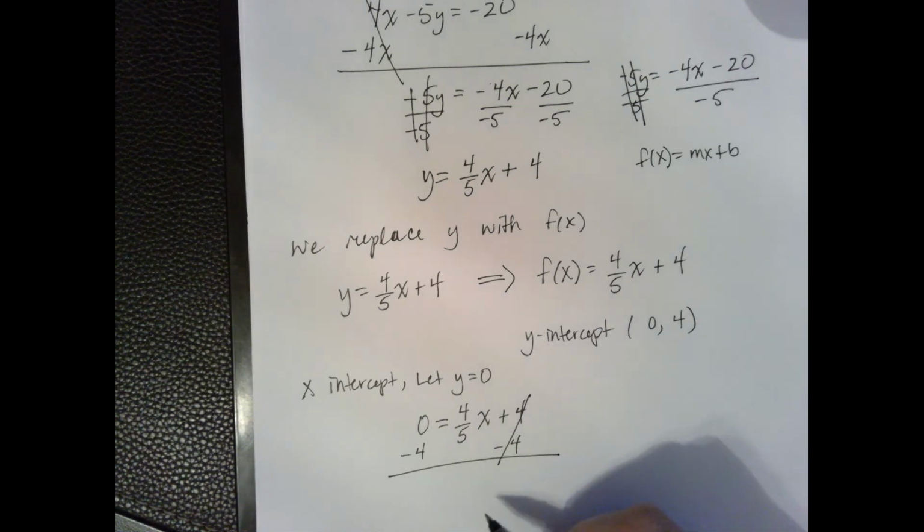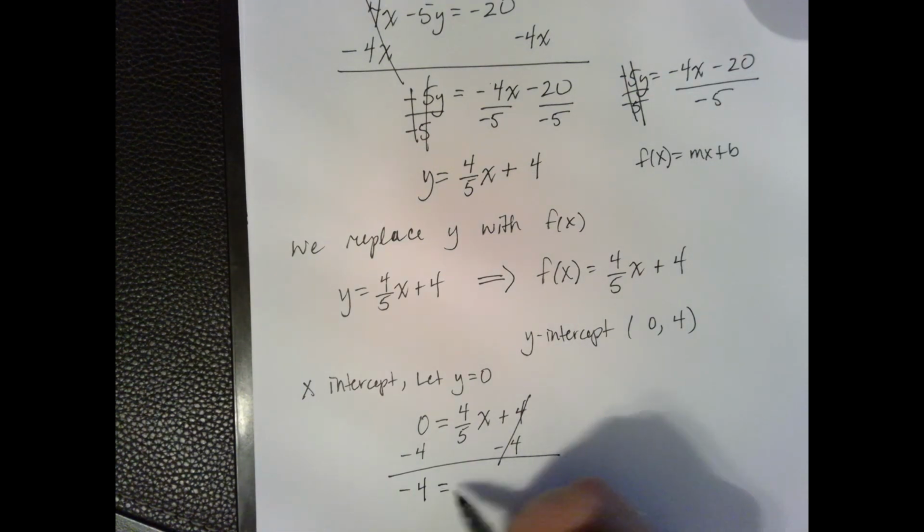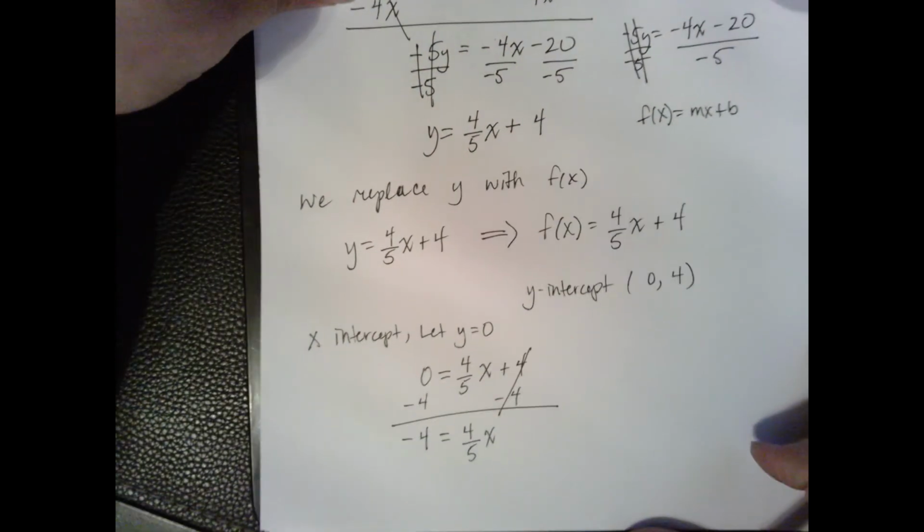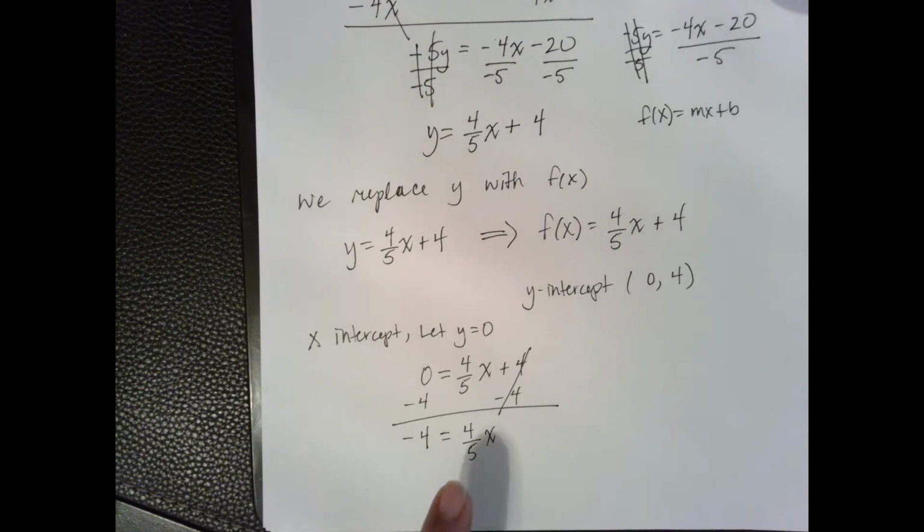That gives me 0, and I'm looking at negative 4 equals 4/5 x. And remember, I want x to be alone, so I need to multiply something here that is going to make this fraction reduce to 1. And if I multiply that here, I also have to multiply that here. Okay, and I know to make any fraction reduce to 1, I multiply it by its reciprocal.